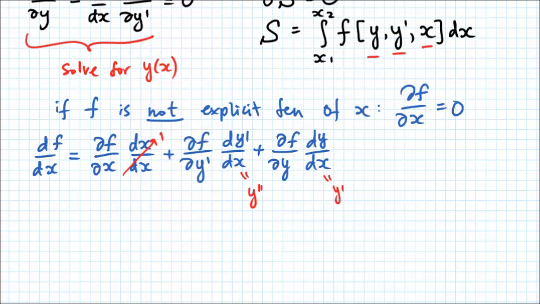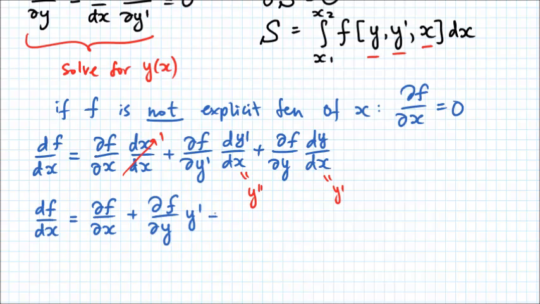So we can write this full derivative as df dx equal to partial derivative of f with respect to x plus partial derivative of f with respect to y times y prime, and plus partial derivative of f with respect to y prime, y double prime.